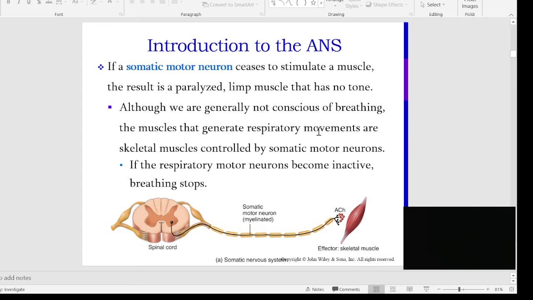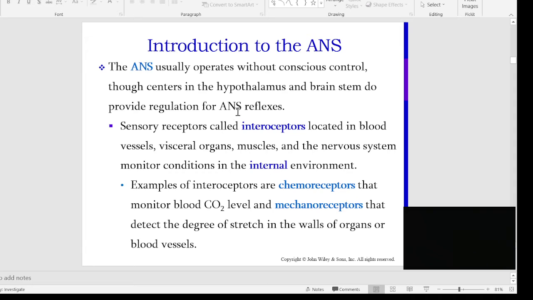Of course, if you resect the nerve, then that will collapse. So the ENS usually operates without conscious control, more basically through reflexes.